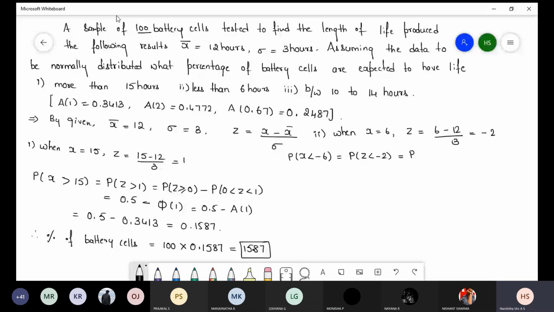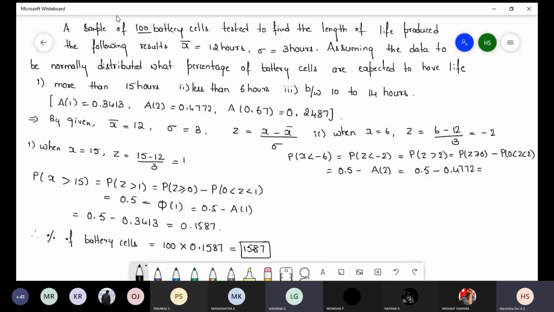So P of Z greater than 2 is equal to P of Z greater than or equal to 0 minus P of 0 less than Z less than 2. So 0.5 minus A of 2. We know the value of A of 2 is 0.4772.